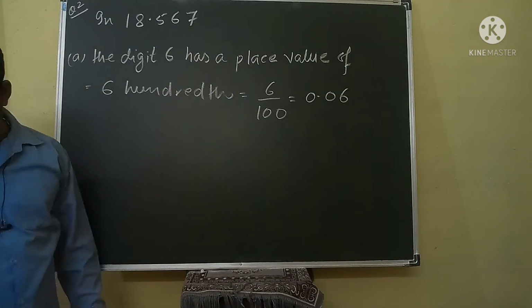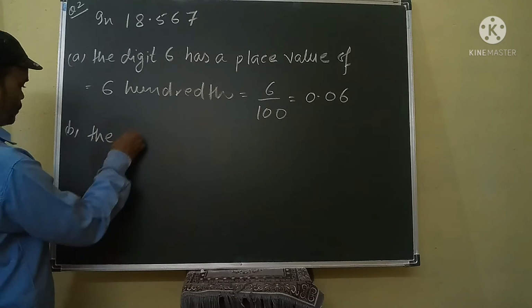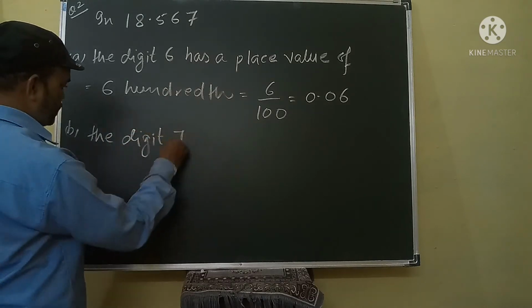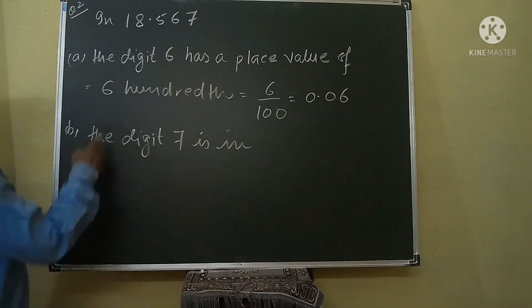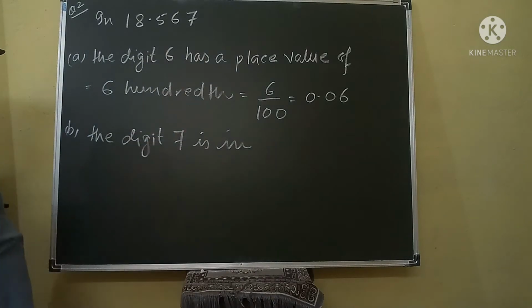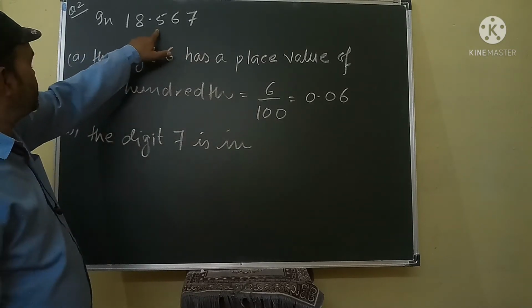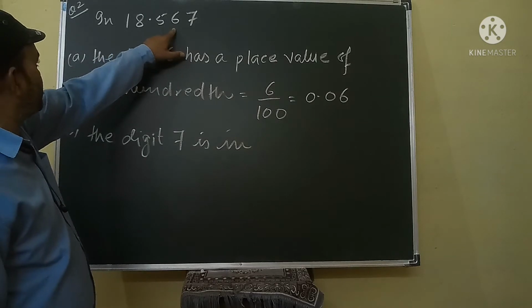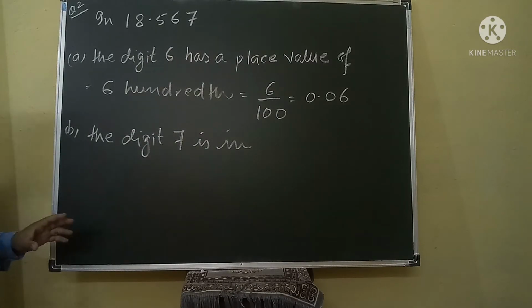0.06 is the required answer. Okay, now question B: the digit 7 is in which place? Now look here, in 18.567, according to the place value table, 5 is in the 10th place, 6 is in the 100th place, and 7 is in the 1000th place.